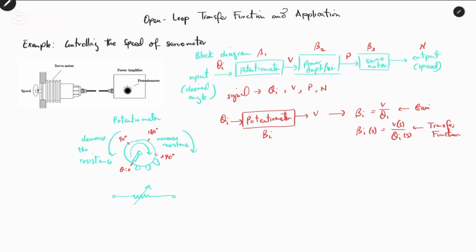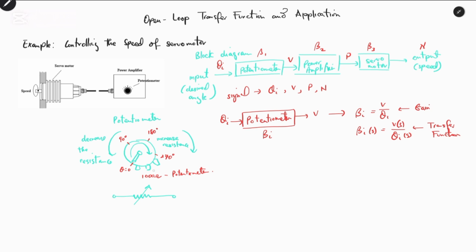With the relationship between the resistance and the voltage output, let's say we have a 1000 ohm potentiometer.